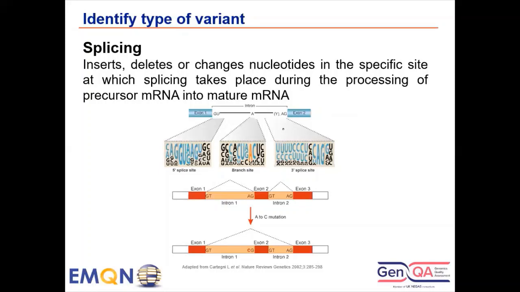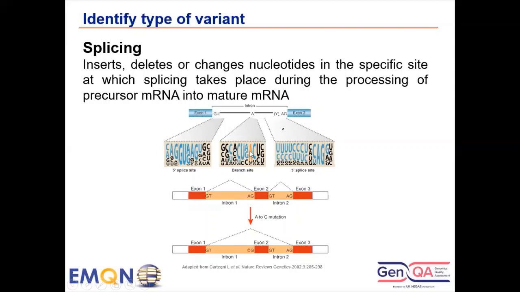Also very interesting are the variants that are located nearby the coding exons, because they can lead to aberrant splicing. This may be just substitutions in the non-coding part of the gene, and they are mostly located at the beginning of an intron or at the end of an intron. Also, at the branch sites, there may occur some substitutions that may lead to aberrant splicing.